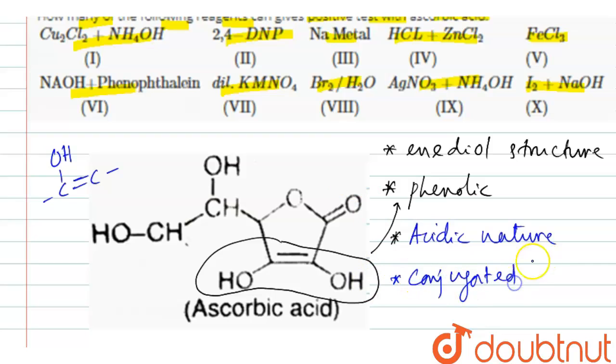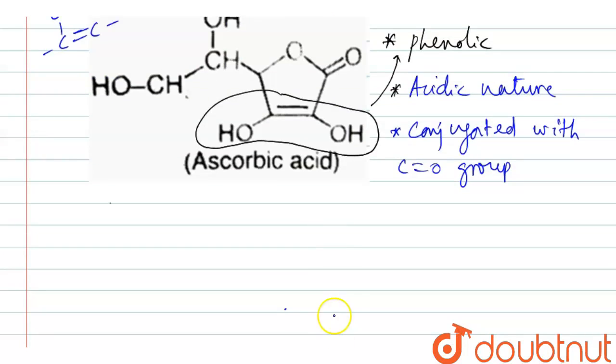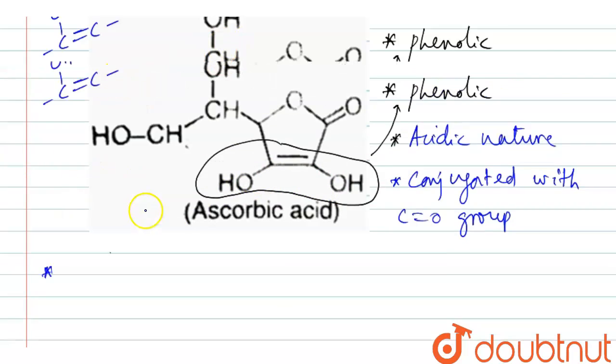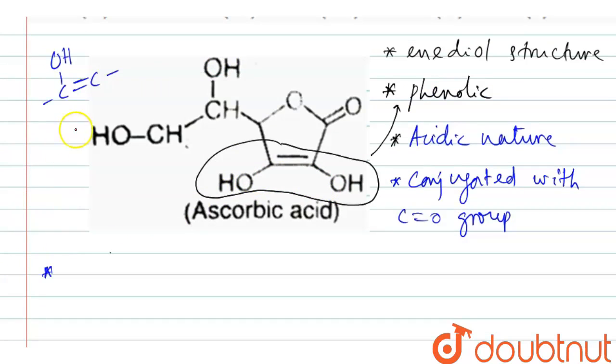Then the next point is that the ene-diol structure is conjugated with the carbonyl group. The enolic hydrogen atoms give it acidic quality. Apart from that, it has two alcoholic OH groups, which give alcoholic character to this ascorbic acid.